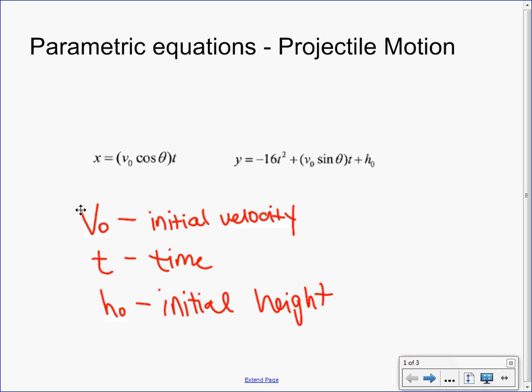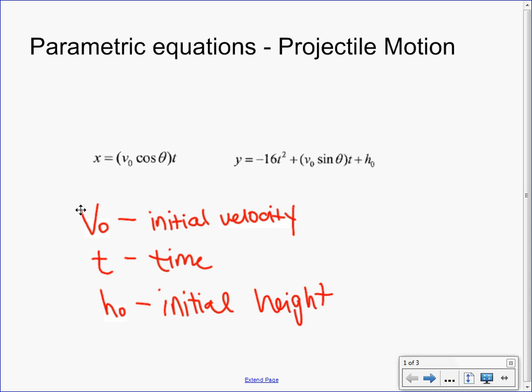Okay. Now, we're talking about parametric equations, right? I have an equation for x and I have an equation for y. X is going to tell us what about our projectile? So horizontal distance, very good. Y is going to tell us what about our projectile?